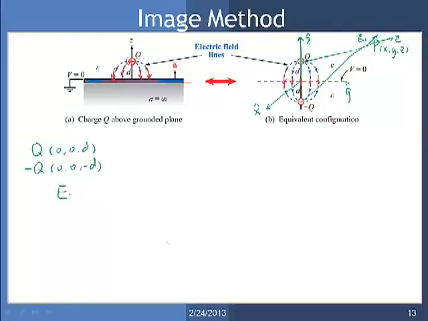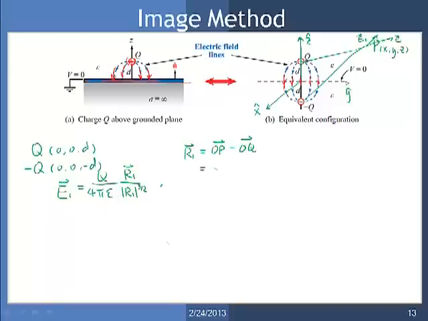Now, E1 would be q over 4 pi epsilon times r1 vector over the magnitude of r1 vector raised to the 3 over 2. Now let's look at this r1 vector, which points from q to P, and it's simply the vector difference between the OP vector and the OQ vector.